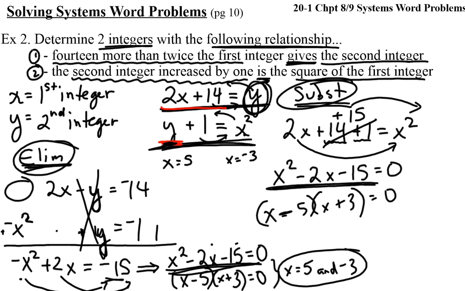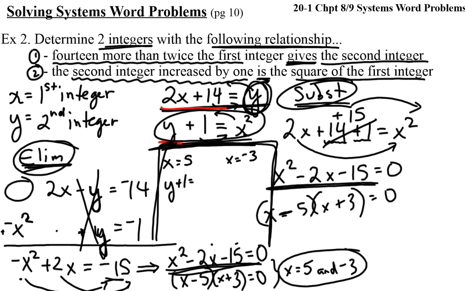Well, I need to solve for the y. So I need to plug these values into one of my equations. Well, y plus 1 equals 5 squared. Subtract 1. Y would equal 25 minus 1, 24. So one possibility is 5, 24. I would do the same thing if x was negative 3.